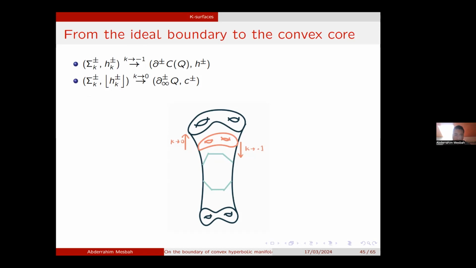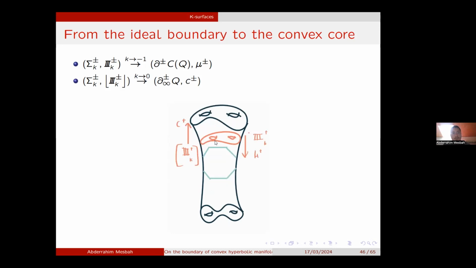So in other words, these K surfaces are like a path that relates the conformal structure on the ideal boundary and the induced metric on the boundary of the convex core. You ask K to go to 0, you go to the ideal boundary with the conformal structure, and when you ask K to go to -1, you go to the boundary of the convex core with this induced hyperbolic metric.